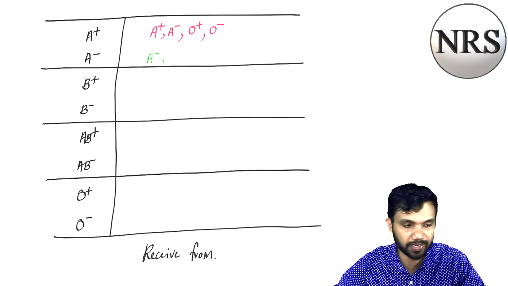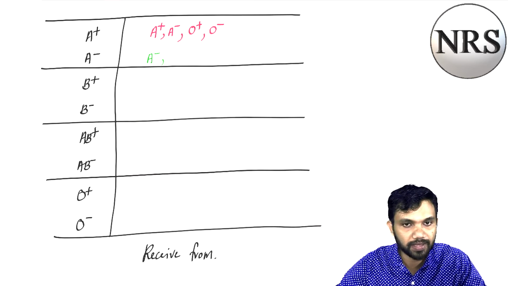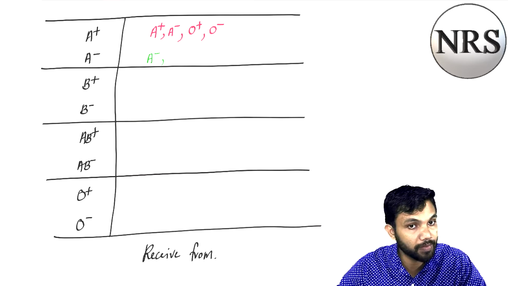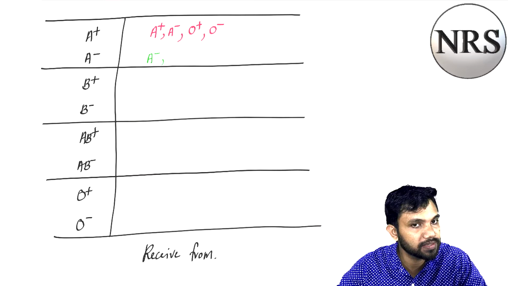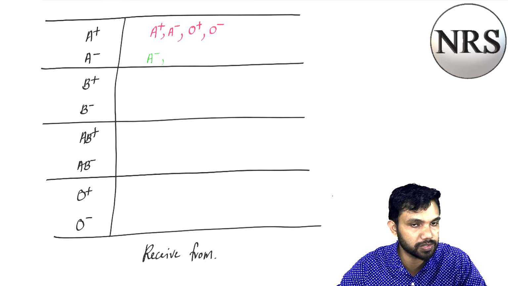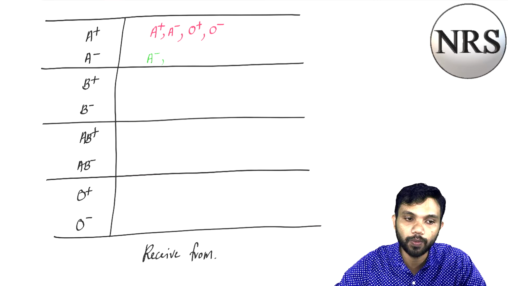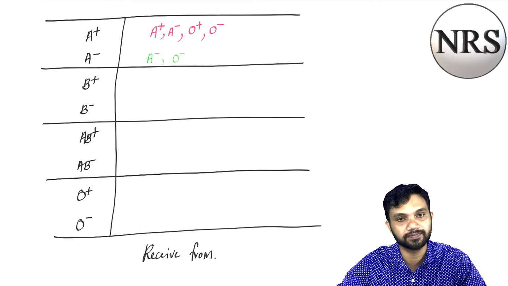B, definitely not. Again, there is B, so they cannot receive from AB also. From O, yes, they can receive from O, but from O positive, can they receive? No. There is positive RH antigen, so they cannot receive from O positive. Can they receive from O negative? Yes, they can receive from O negative, right?